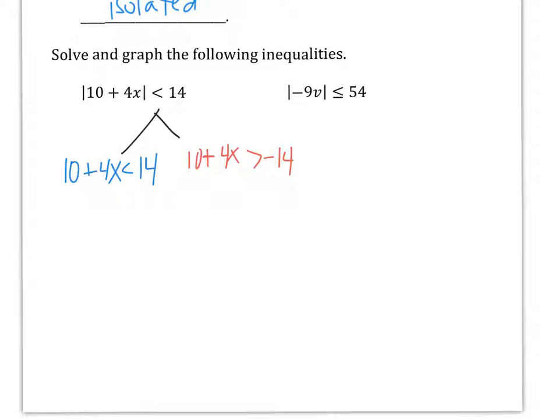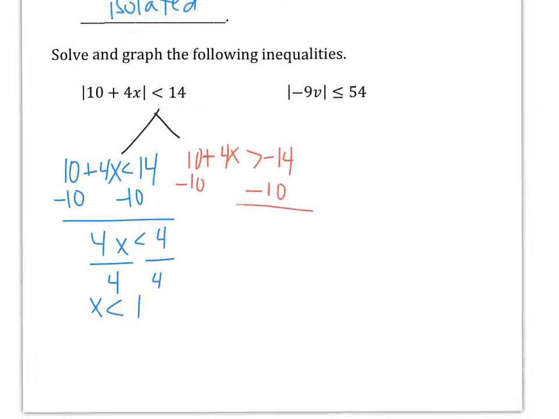So let's go ahead and solve those. I'll subtract 10 here and get 4x is less than 4. Divide both sides by 4 and get x is less than 1. Now if I solve the other side, I'll subtract 10, get 4x is greater than negative 24, divide by 4, and get x is greater than negative 6.